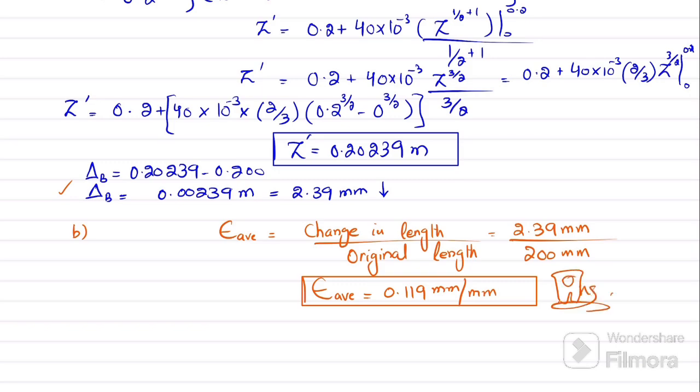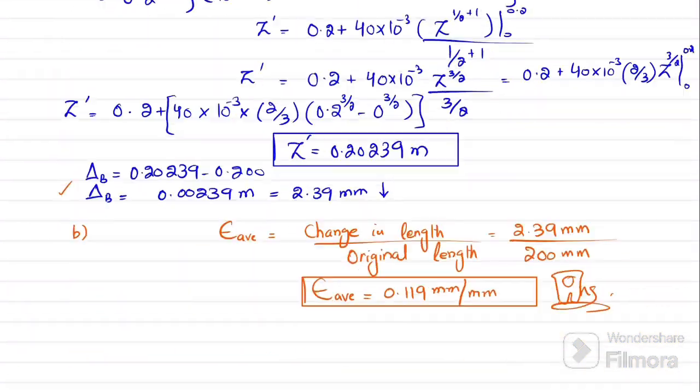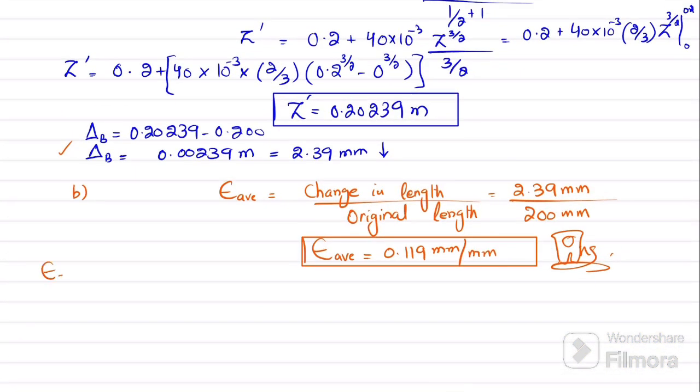Again, if you see from this equation, which I will write over here, epsilon z is equal to 40 into 10 raised to power minus 3 z power 1 over 2. If you put the value of z in this equation, 40 into 10 raised to power minus 3, z is in meter, so 0.2 power 1 over 2, that will give you the strain in z direction of the rod.